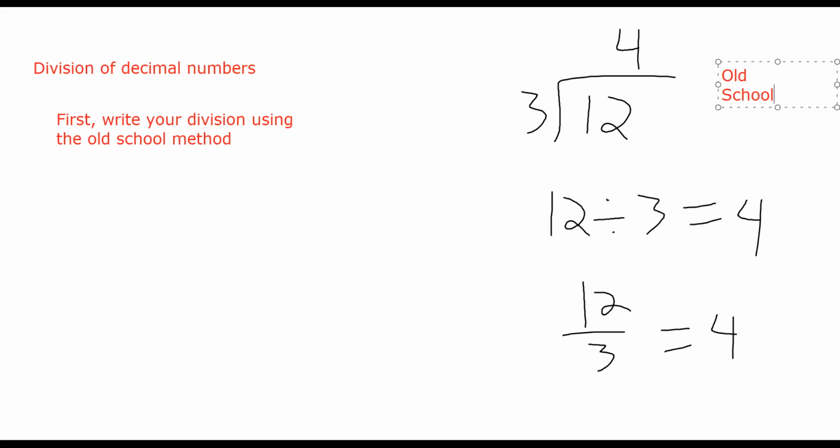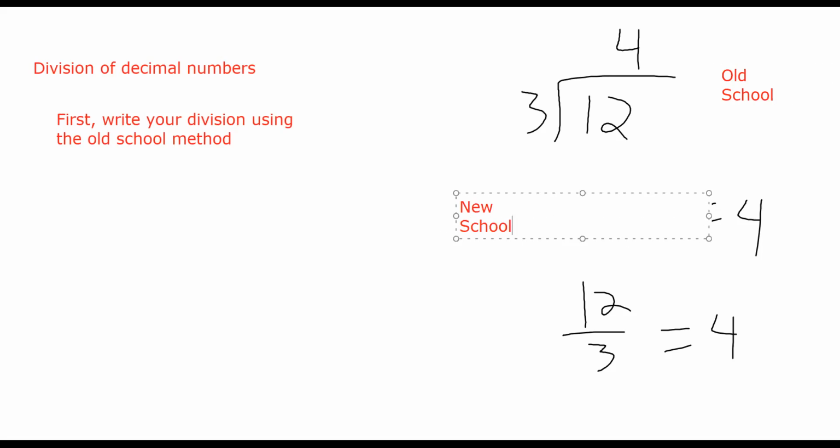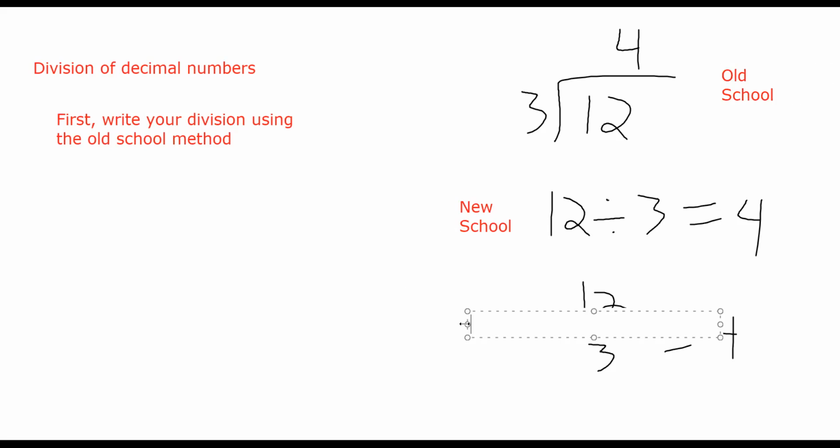This is the new school way of it. You damn kids, you're doing things a different way than the way I did it when I was coming up in school. And then finally, this is the fraction method. Of course, this is the only real method that lets you actually do it.